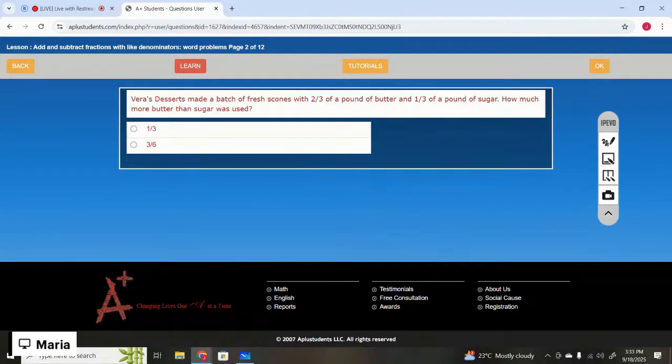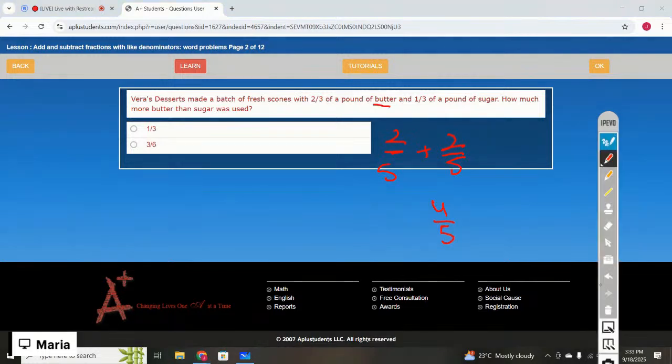Vira's Desserts made a batch of French scones with 2/3 of a pound of butter and 1/3 of a pound of sugar. How much more butter than sugar was used? So that is 2/3 plus 1/3.